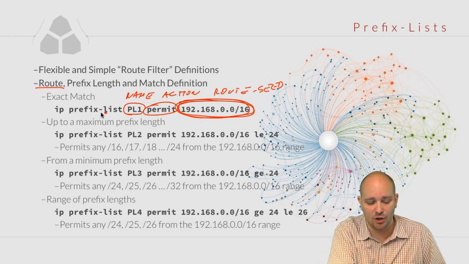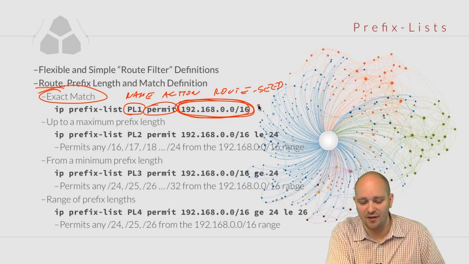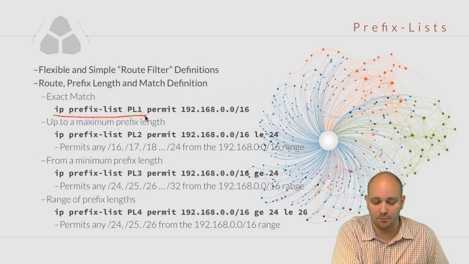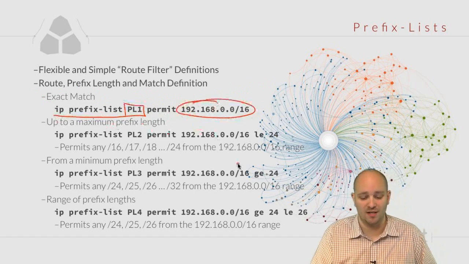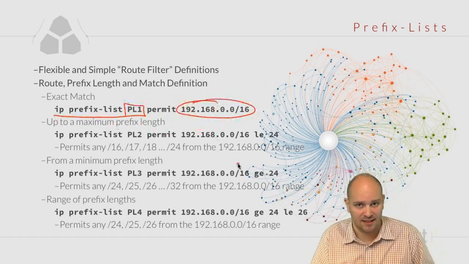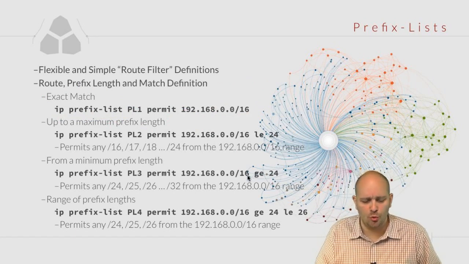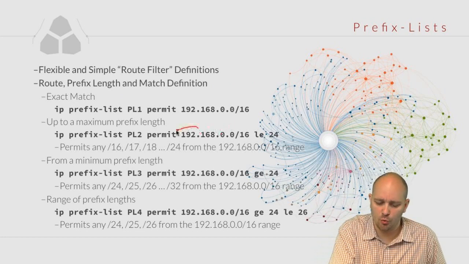And in this case, we are defining an exact match because we don't have any other action that follows here. So with this definition of ip prefix-list PL1, we are going to be matching only the 192.168.0.0/16 route.